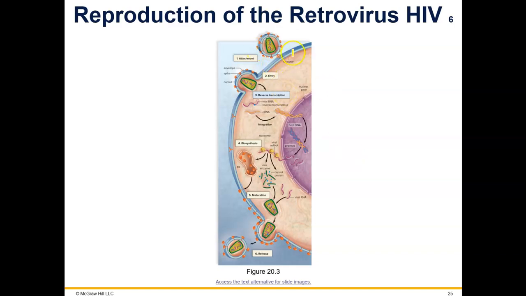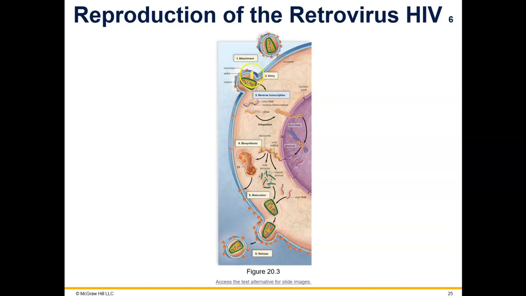So it specifically targets helper T cells of our immune system, and that's how it can shut down our immune system. So the attachment is when the receptor of the host cell and the glycoprotein spike of the envelope of the HIV match up, they pair up.